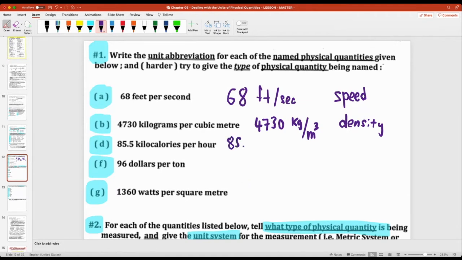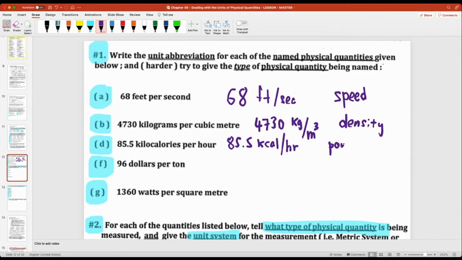85.5 kilocalories per hour. Now you could write hour like this, or you could write hour like HR. I'm used to writing it as an H, but if you wrote H or HR, we're both good. Yeah, Tamerlan, that is correct. It's a power.